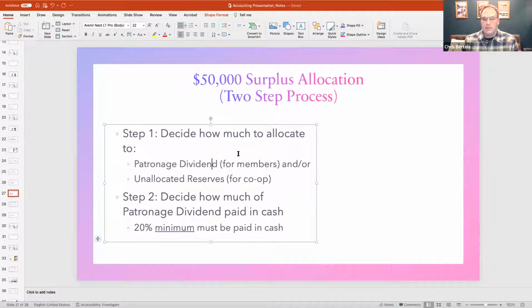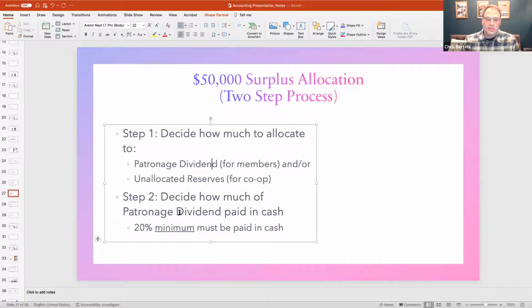And then the amount that's retained is going to be paid out later. It depends on the bylaws, and it's going to be different for every co-op and their needs, but you might pay out 20% of the patronage dividend to the members today, and then the other remaining 80% is going to be paid out in the future.